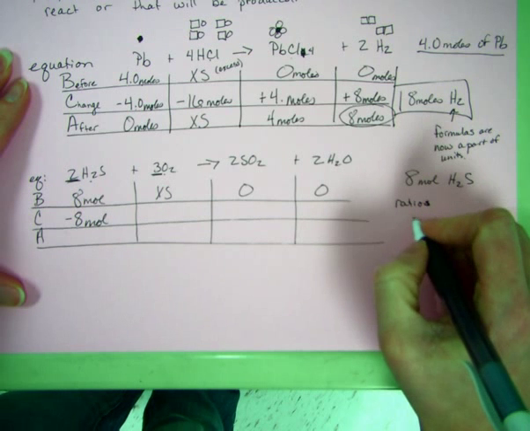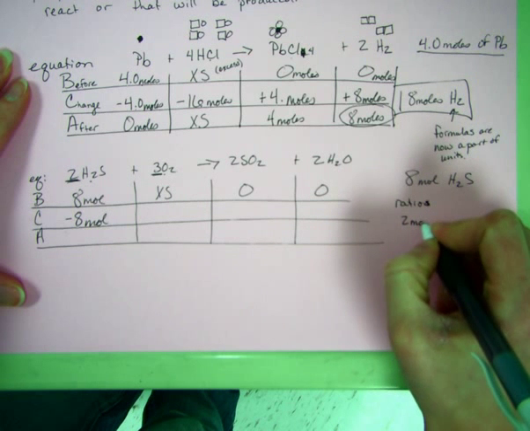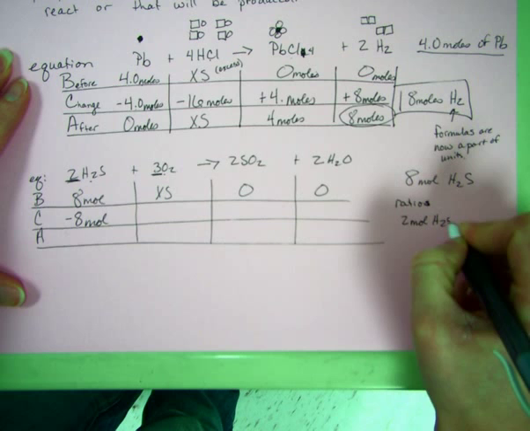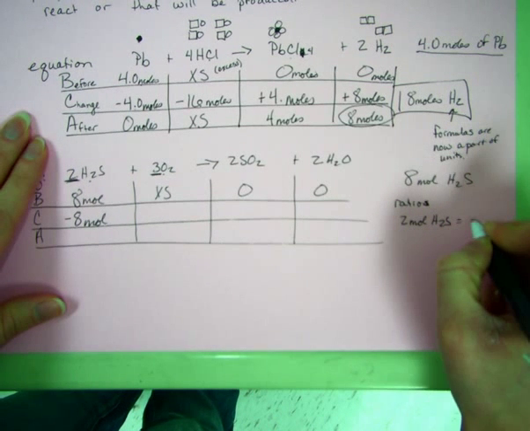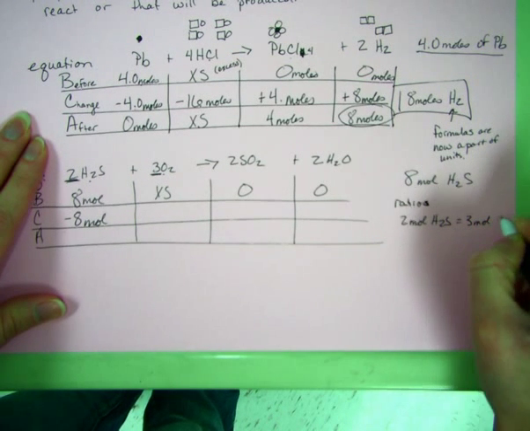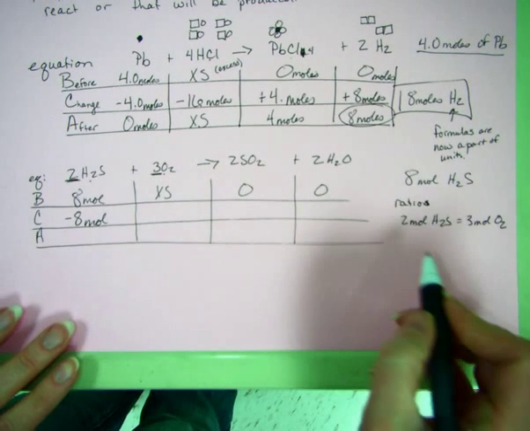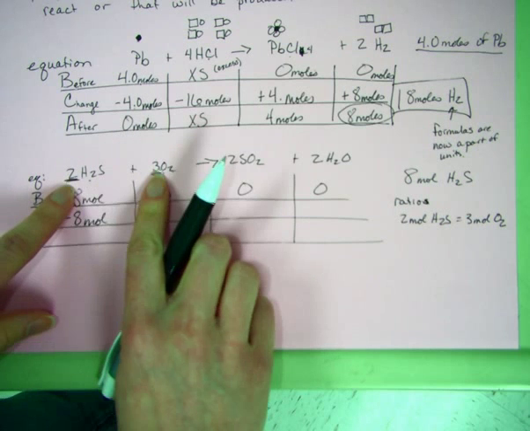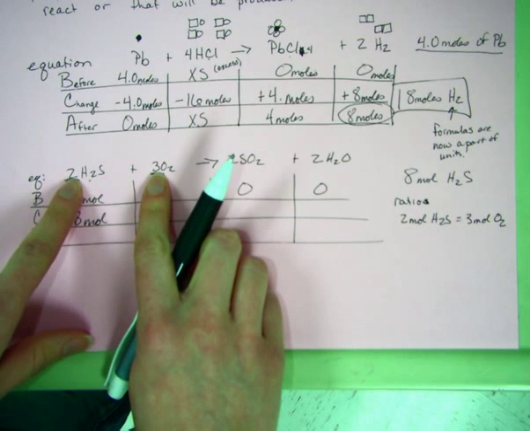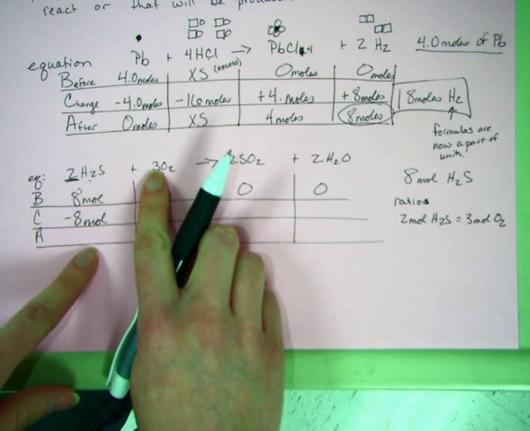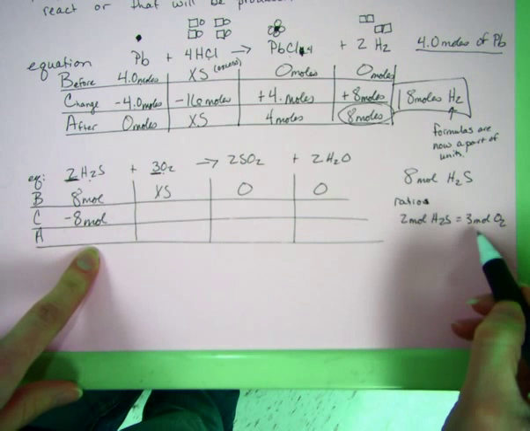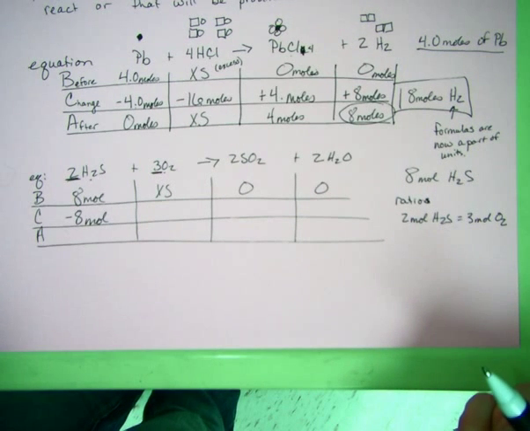Ratios. 2 moles of H2S equal 3 moles of O2. So that's the relationship, and I get those numbers from here. We use the coefficients. So 2 H2S and 3 O2s form our relationship.